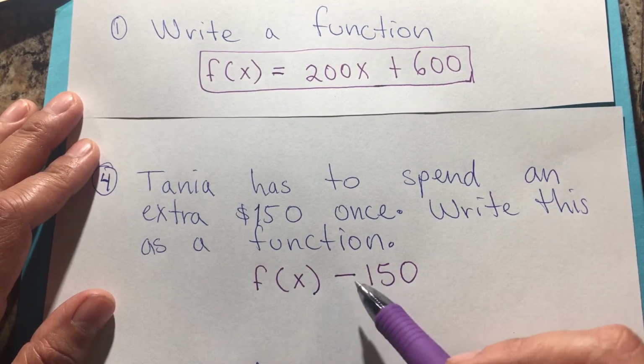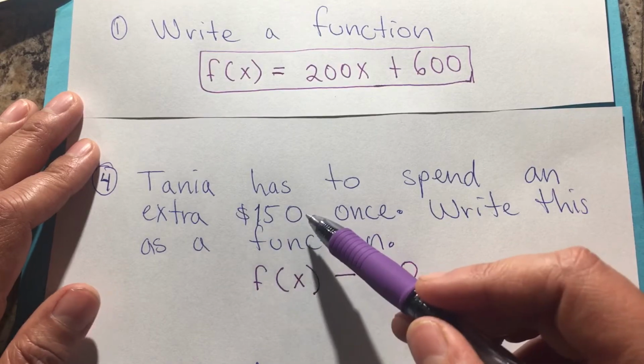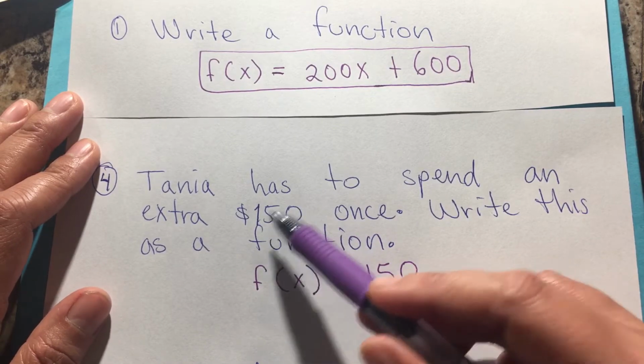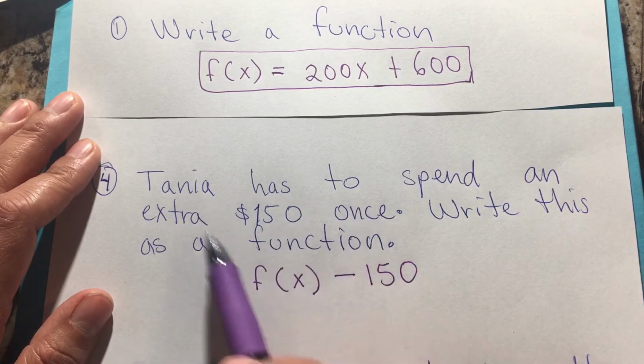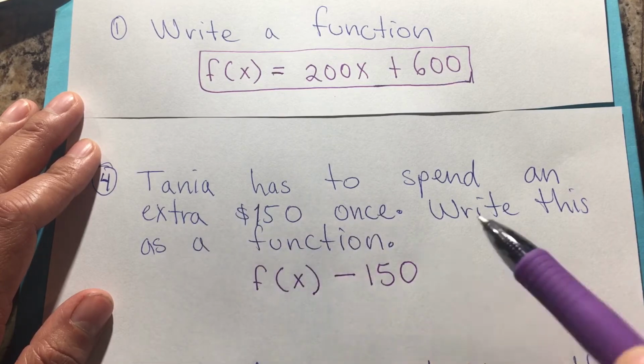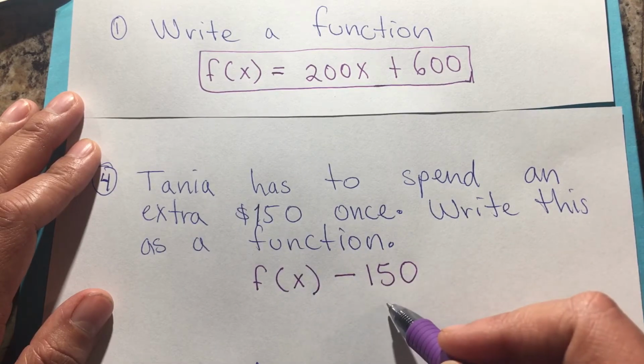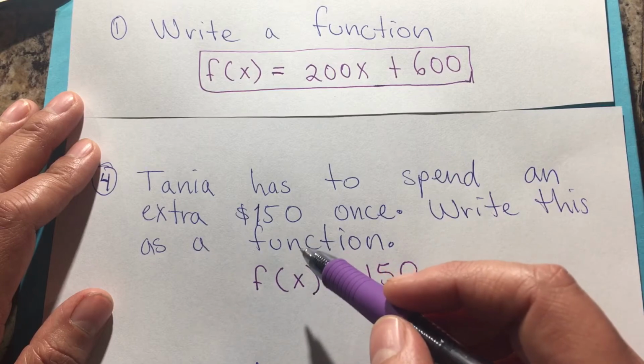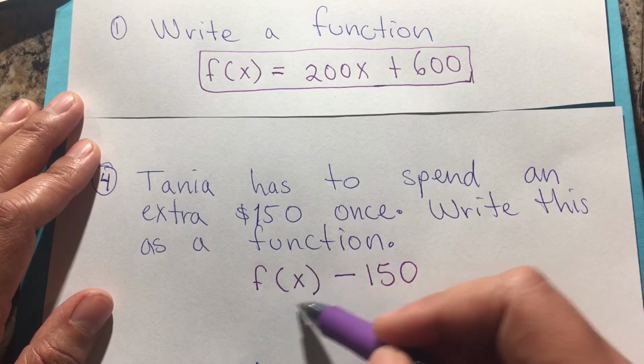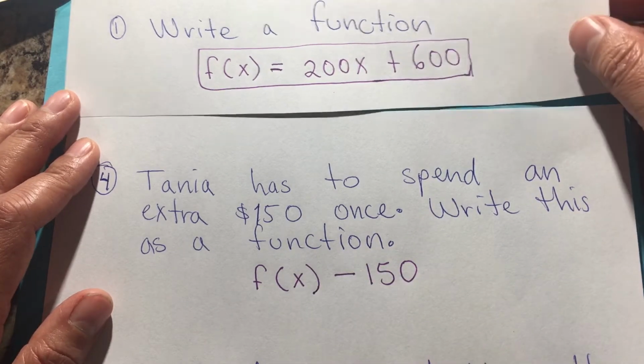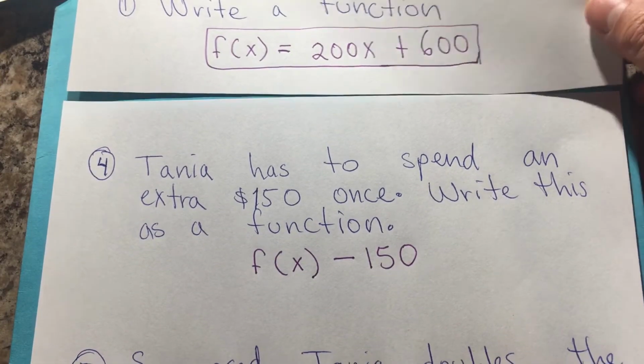Again, when it's one amount, or it refers to the total amount of money, then it goes outside. If it refers to the money she saves per month, it goes inside of the parentheses, just as we learned in the previous lesson.